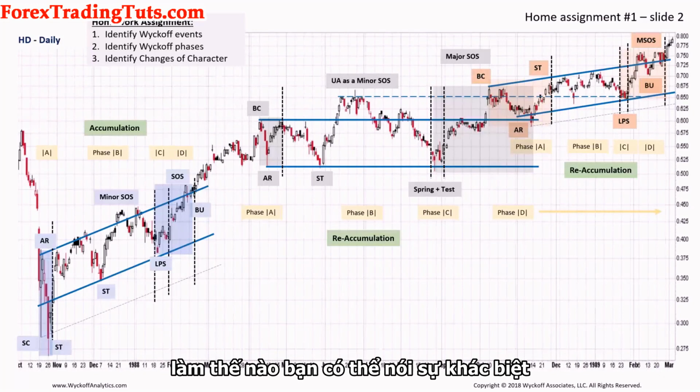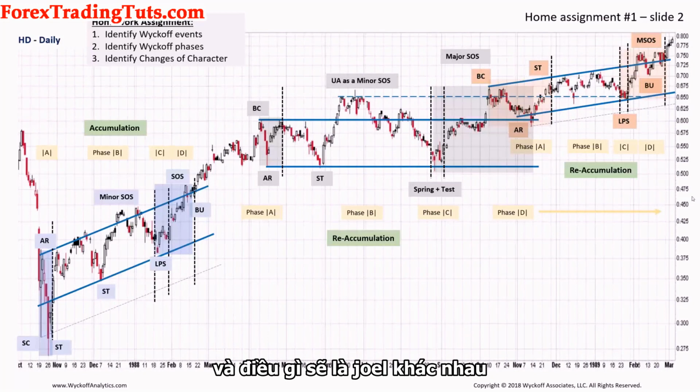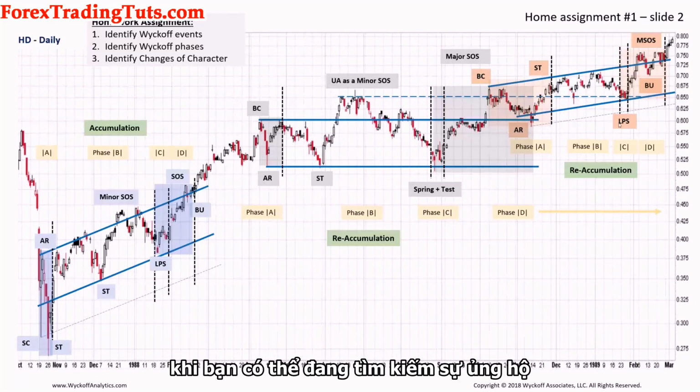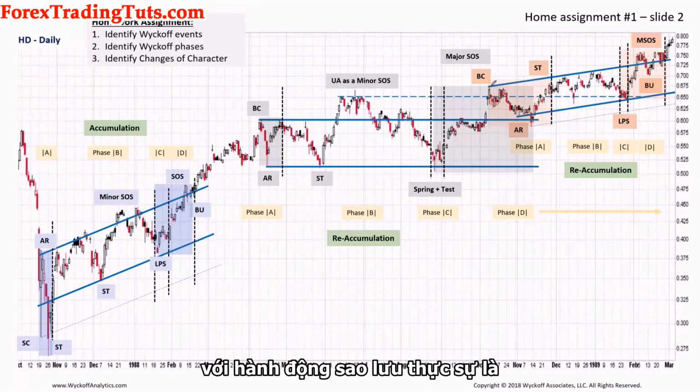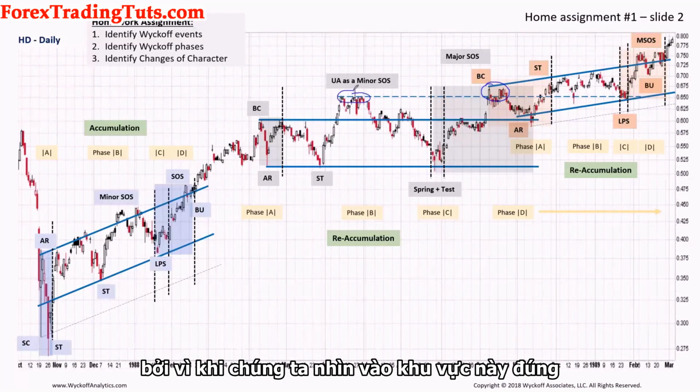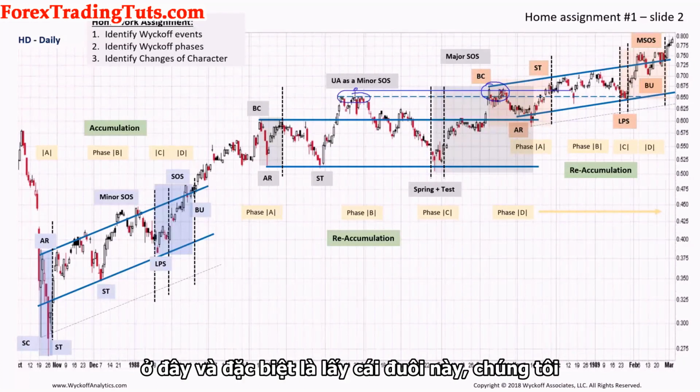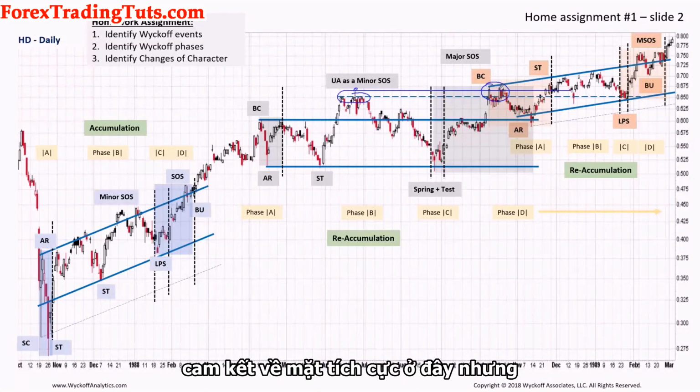How can you tell the difference between the first reaccumulation and the second? And what would be that difference, Joe? What do you mean by the difference, when you might be looking for a backing up action? Okay. So I think that the biggest problem here with the backing up action is actually somewhat of a not very distinct sign of strength. Because when we look at this area right here, and especially taking this tail, we might say that there is not really a commitment to the upside here.